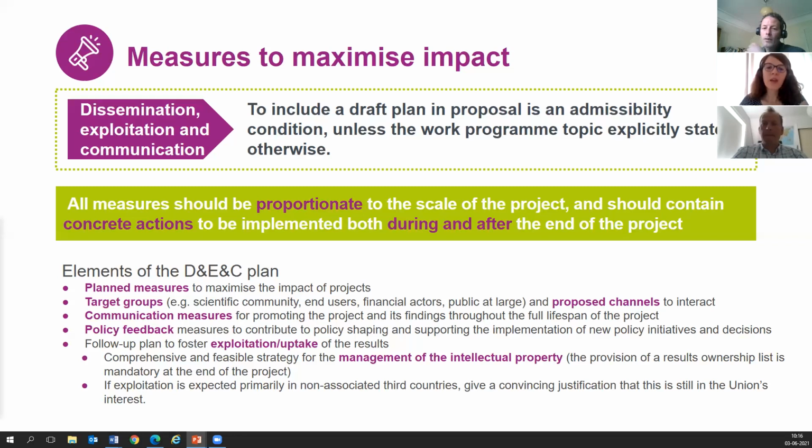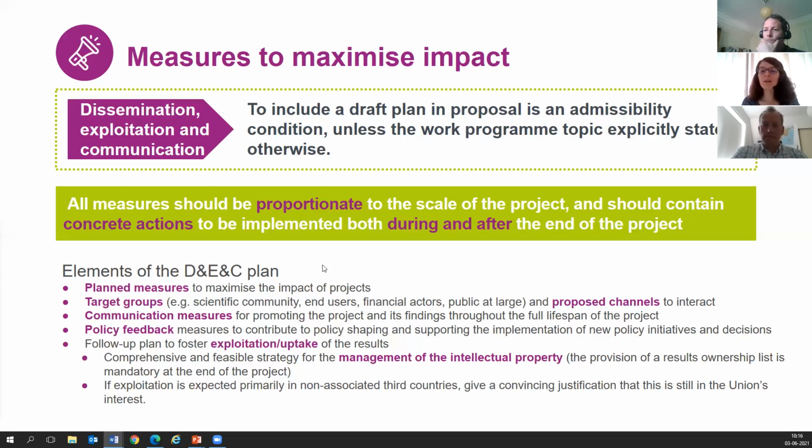And of course, we want to hear about the follow-up plan to foster the exploitation of the results. And here you will have to add elements about your strategy for managing the intellectual property. We'll come back to that in a moment.